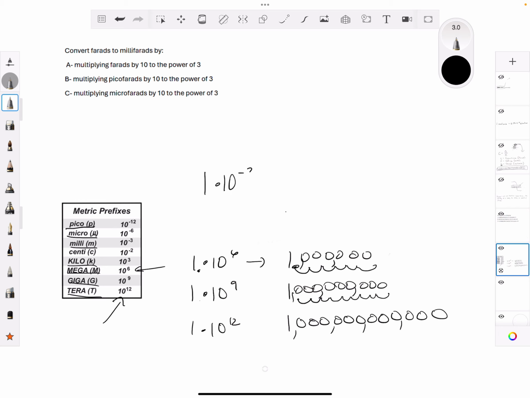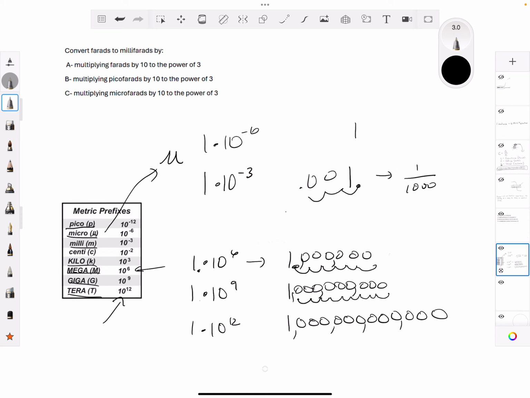Okay, so perfect. On the opposite end of that, if I had a milli, so if I had 1 times 10 to the negative 3, like we learned before, we start with our 1. Decimal places on the right side. If I go to the negative 3, 1, 2, 3. So that's going to be 0.001, which is equal to 1 over 1,000. Same for if I had a micro. Remember, the symbol for micro is a mu, it's this little cursive looking u, and that's 10 to the negative 6.